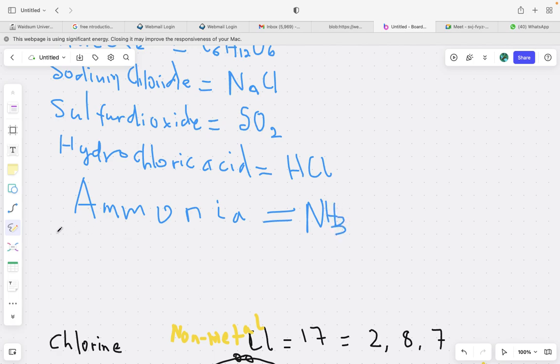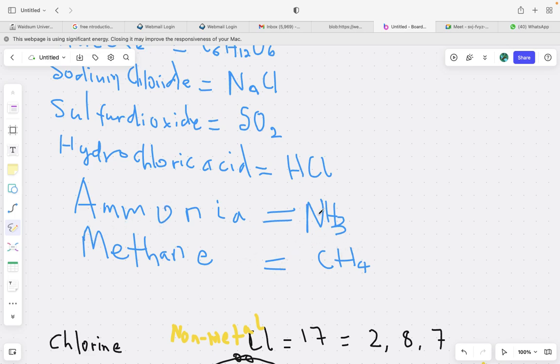Okay? Methane is an organic compound, got from petroleum, a hydrocarbon, is CH4. So we should know the formula of a compound.